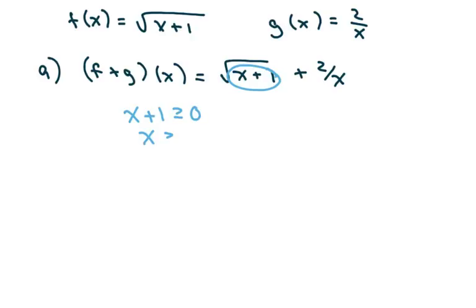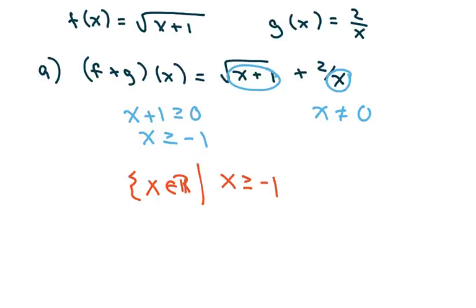So x has to be greater than or equal to negative 1. In this case, x also has to be not 0. So the domain is all real numbers such that x is greater than or equal to negative 1, and once we hit 0, it cannot be 0. So this is the easiest way to write that.